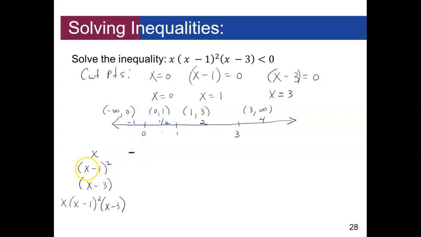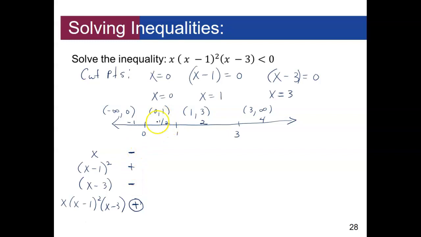Here I'm going to have -1 minus 1, but all that's going to be squared, so that's going to be positive. If I put -1 in here, I'm going to have -1 minus 3 is going to give me a negative. So when I consider it all, a negative times a positive times a negative is going to give me a positive for this interval, because I have an even number of negatives.